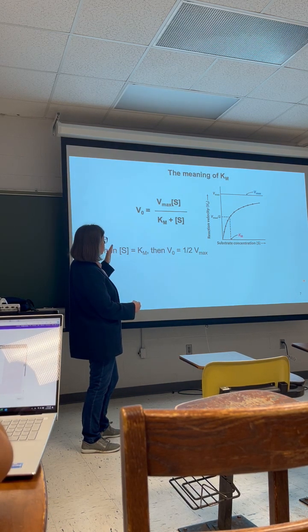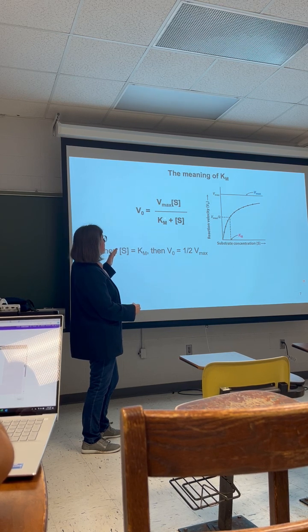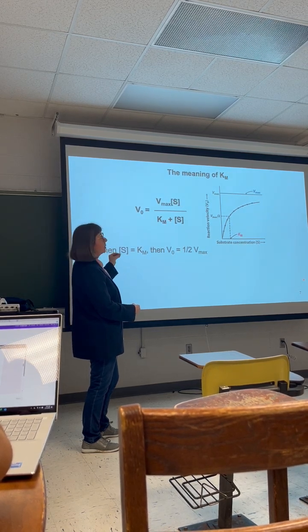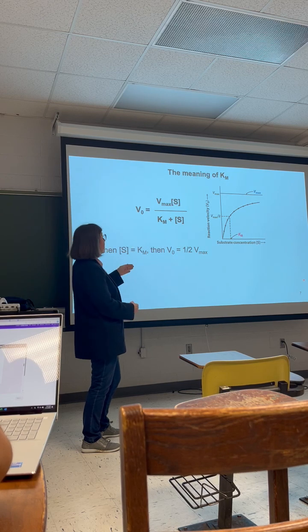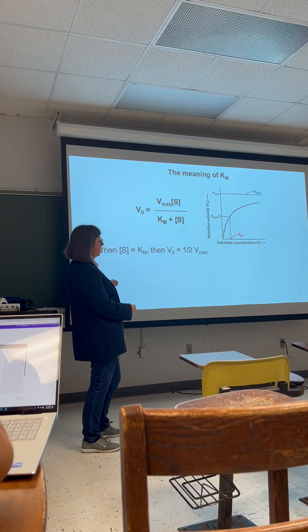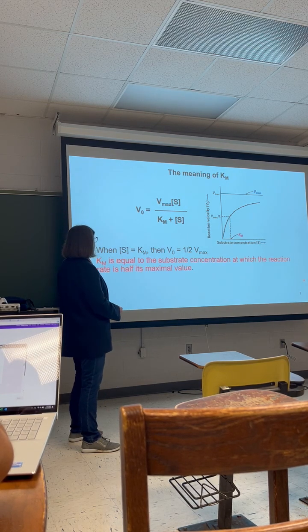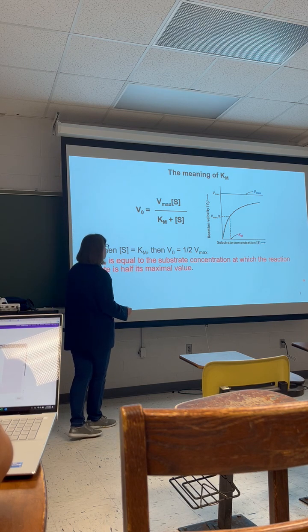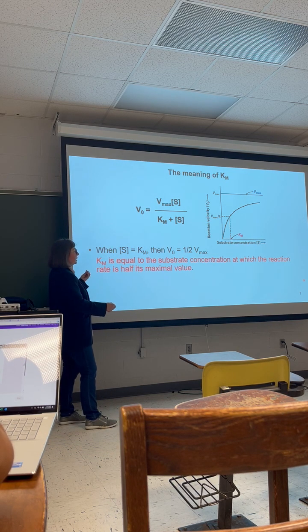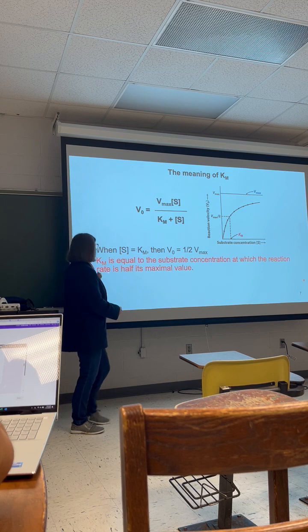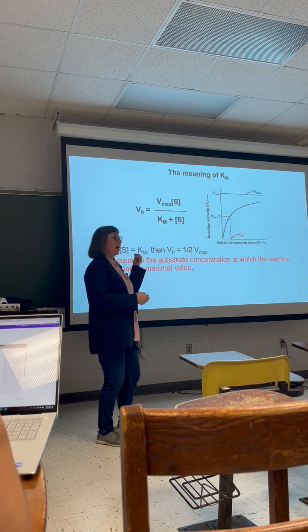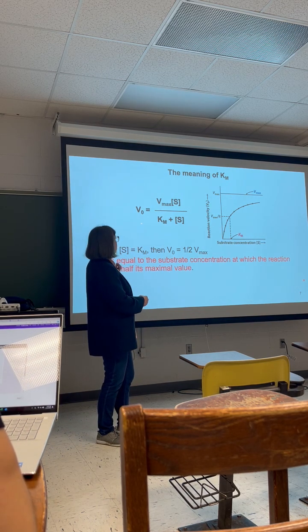Because at the bottom, you will have 2 Kms. After you cancel Km, you will have Vmax over 2. So in other words, Km is equal to the substrate concentration at which the reaction rate is half maximal.